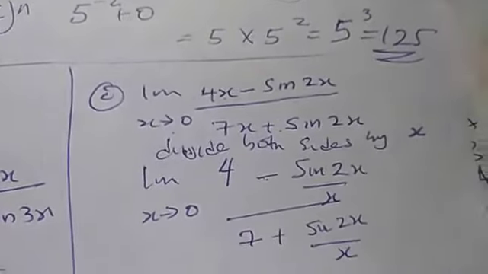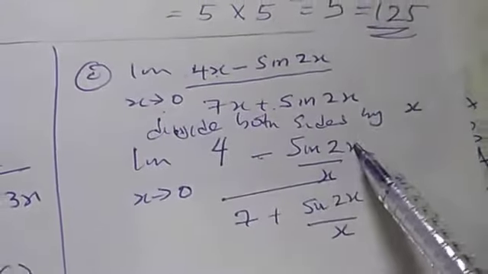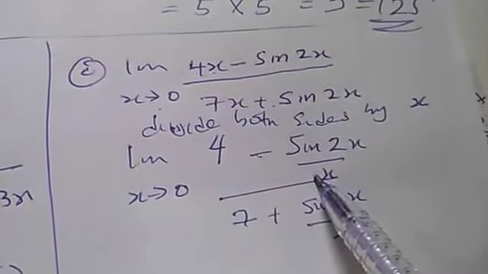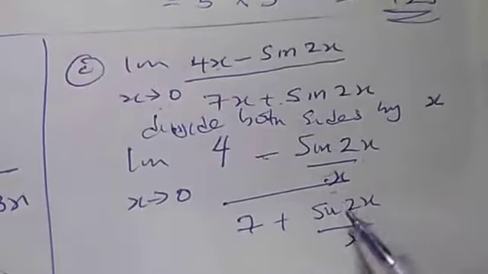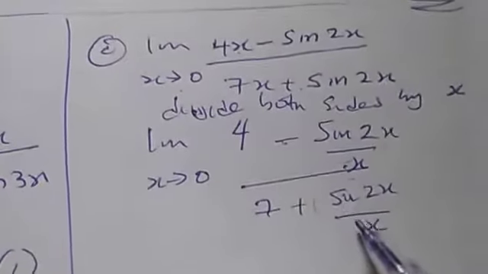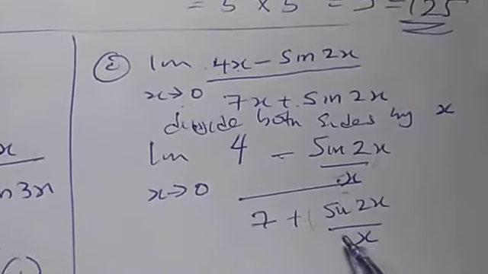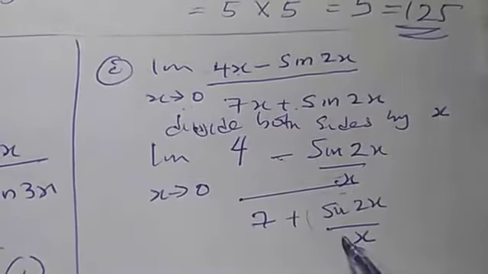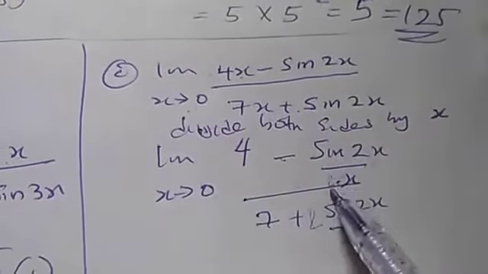So from that place, I can now apply my limit. Because we are given x tends to 0, if you have sine 2x here, it is 2x that we must have here too. If I have 2x here, the whole thing will have been 1, and this one too. But what we have is ordinary x, not 2x. What you need to do is put 2 here, and if you put 2 here, you put 2 here too, so that 2 cancels 2 and it is still the same thing as what you are writing.